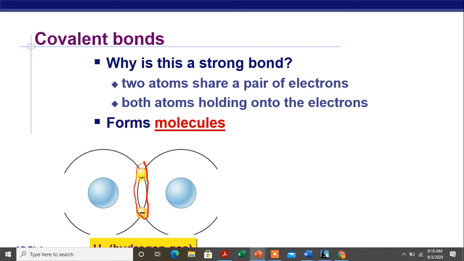And since the nucleus is positive, there's an attractive force. This atom is attracted to these electrons, and this positive nucleus is attracted towards them here, these electrons too.